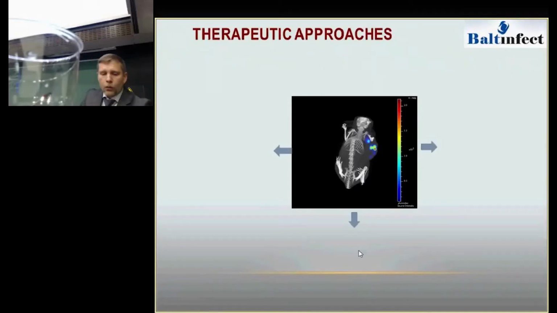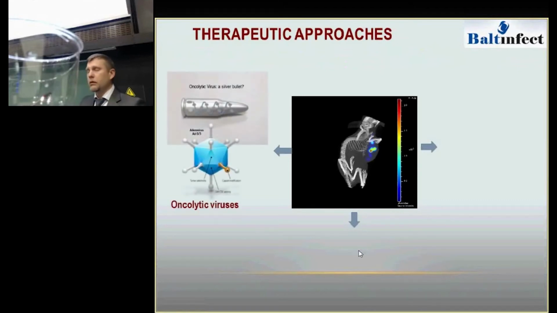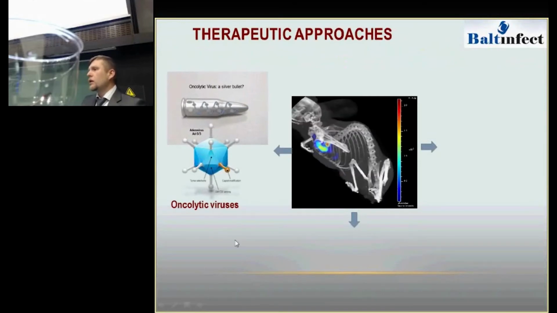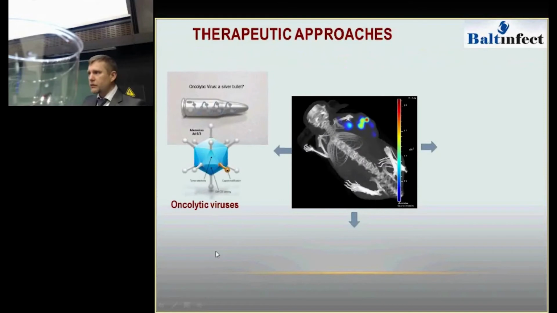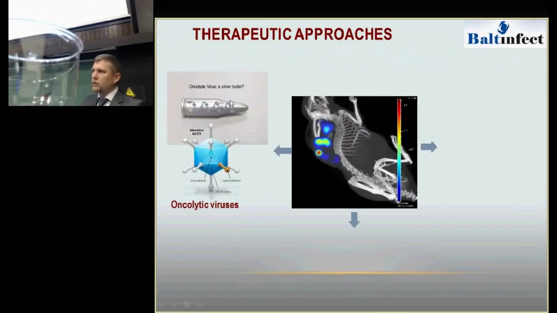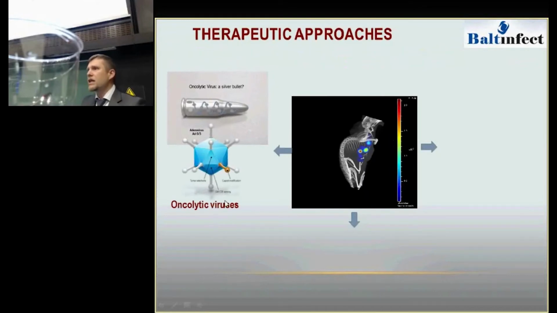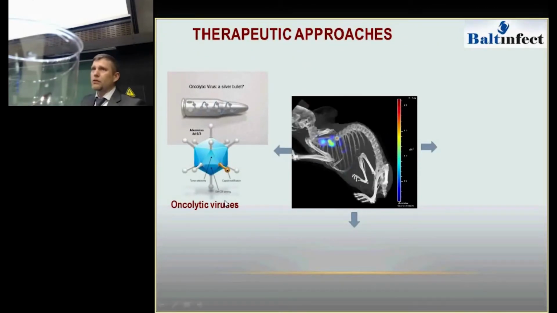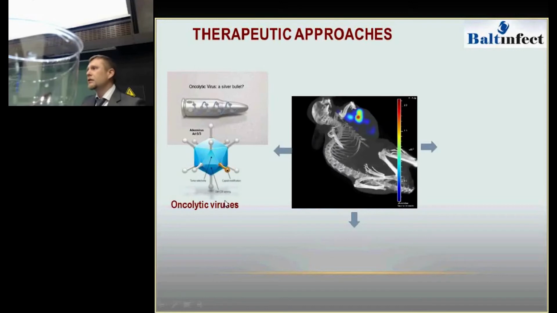And now, what therapeutic approaches did we use finally? We are working with oncolytic viruses. Some people call oncolytic viruses a magic bullet. It's the term of Paul Ehrlich.